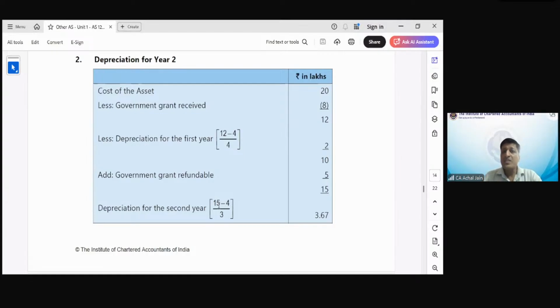So therefore, what is the remaining useful life? 3 years. So 15 less 4 divided by 3. So this is going to be your revised depreciation amount. Correct? This is going to be your revised depreciation amount that you'll have to charge starting from year 2.